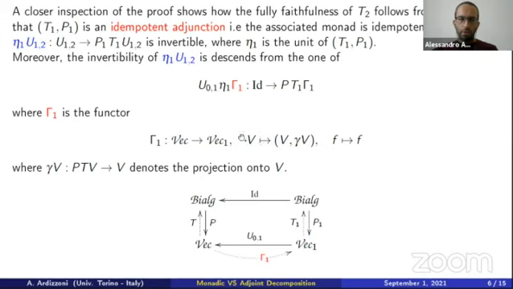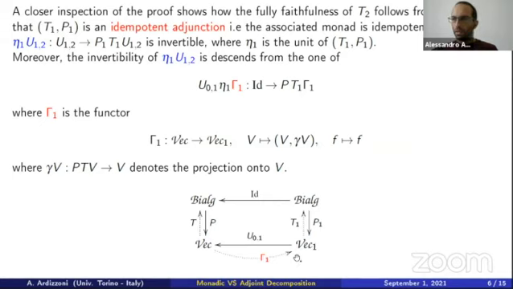It maps a vector space to a pair consisting of the same vector space and this morphism, which is nothing but the projection of the primitive onto V. I told you that V is part of the description of the primitive elements of T of V, is a direct summand of it, so we can project on it canonically. And this projection gives this functor.